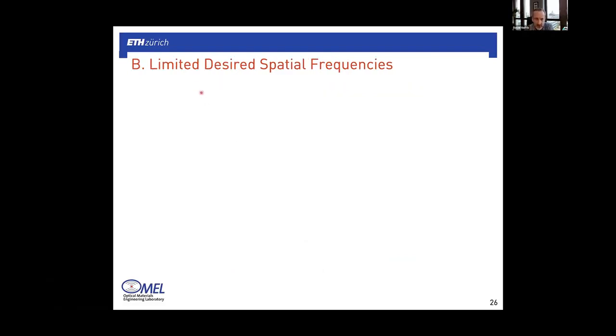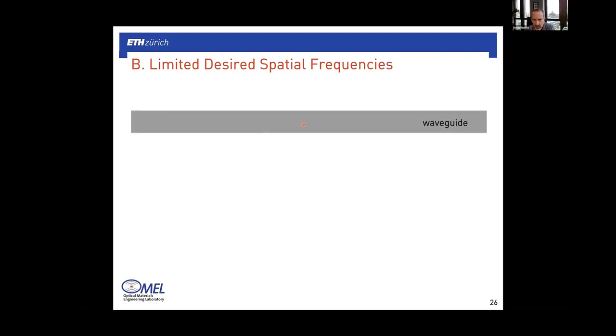The second issue that comes up is that we are allowed a limited number of desired spatial frequencies. So the first one was we had too many that we didn't want, but we also have a limited number of spatial frequencies that we want. And this, I think we can see if we imagine a problem where we have a waveguide and we want to add a diffractive surface to that waveguide and send in red, green, and blue photons, let's say all at normal incidence, and couple them simultaneously into the waveguide.